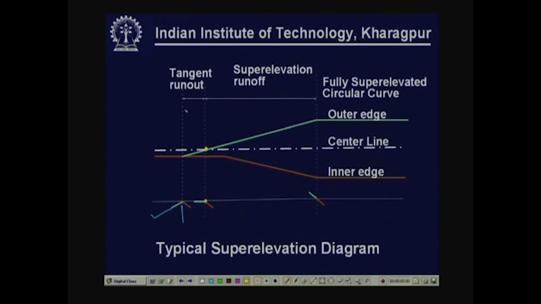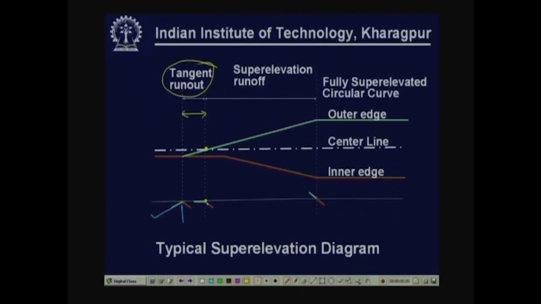So, this length of road from the normal cross section to this cross section, where the outer edge is made flat, is known as tangent runout.